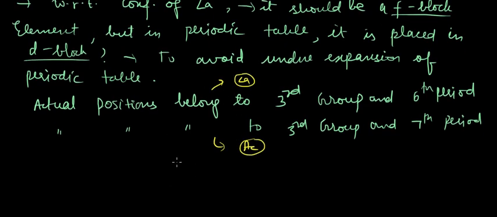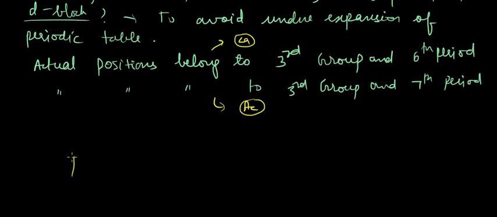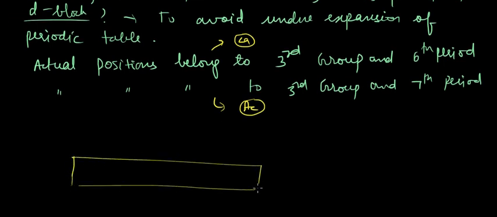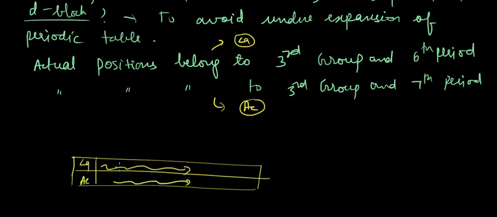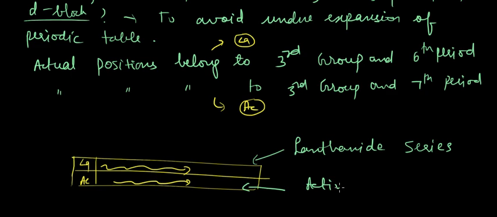Okay, and the corresponding elements after the lanthanide and actinide would be called a part of lanthanide series here, and here they would be called a part of actinide series.